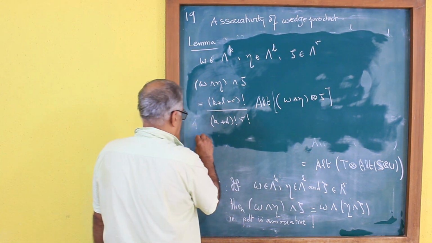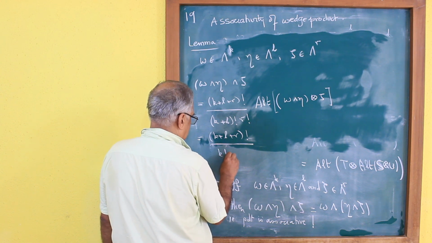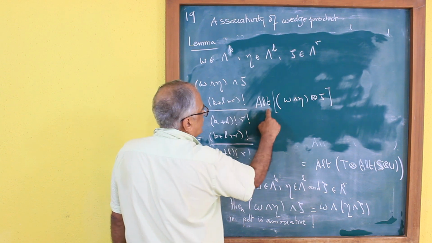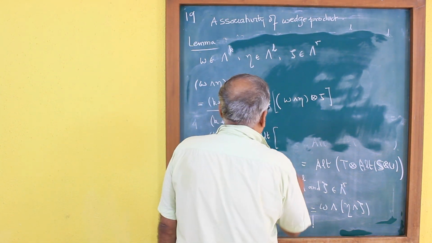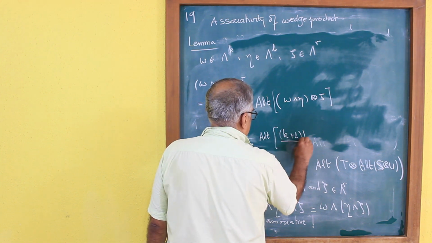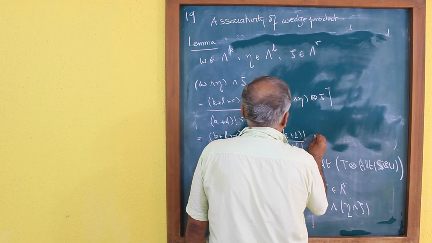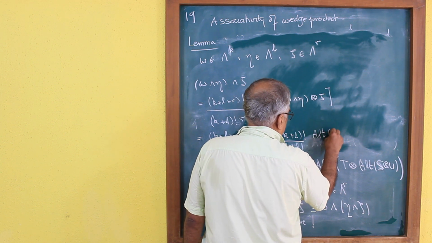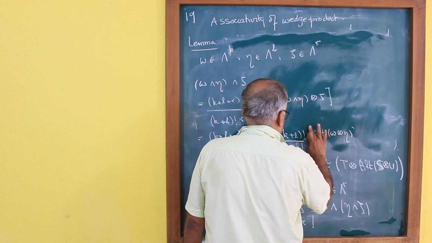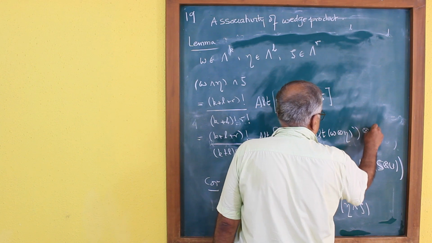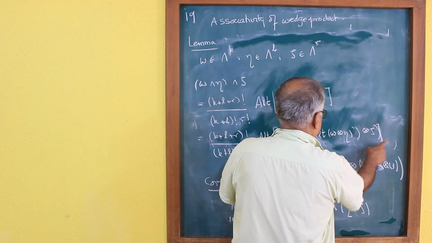What is omega wedge eta? Omega is in lambda K, eta in lambda L, so this is K plus L factorial over K factorial L factorial, alt of omega tensor eta, that is this quantity, tensor zeta. This closes this bracket and this closes this bracket. Correct.